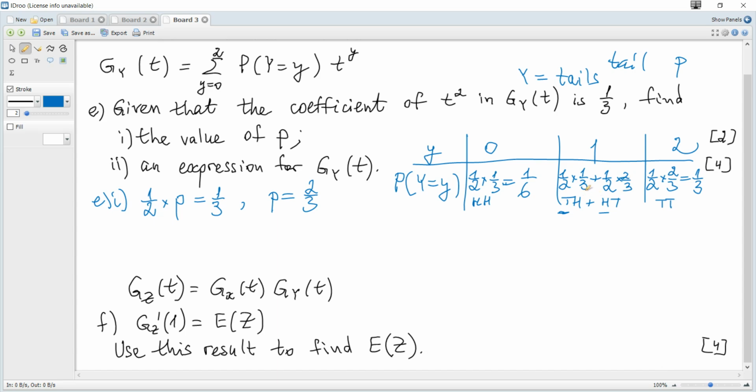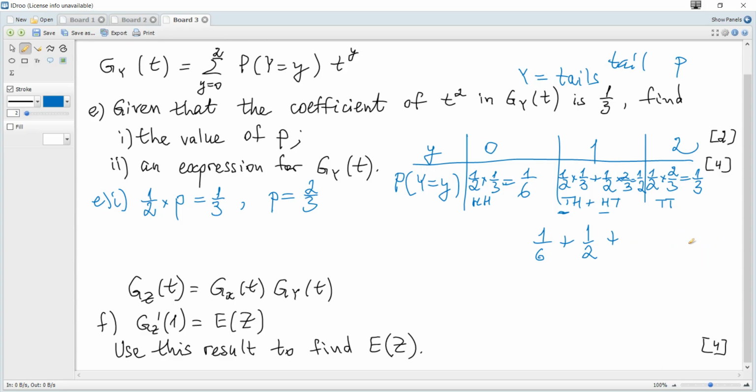And it's what? 1 plus 2, it's 3/6, or a half. So it's a half. Let's check: 1/6 plus a half plus 1/3. The common denominator is 6, so it's 1 plus 3 plus 2, it's 1, so it's correct.